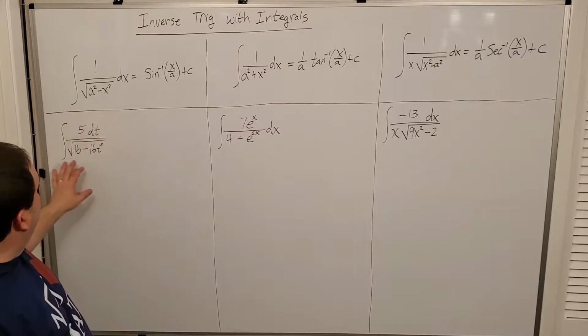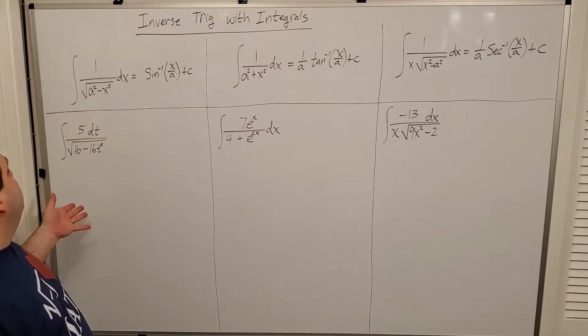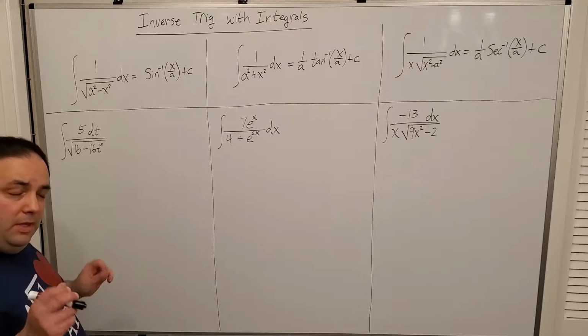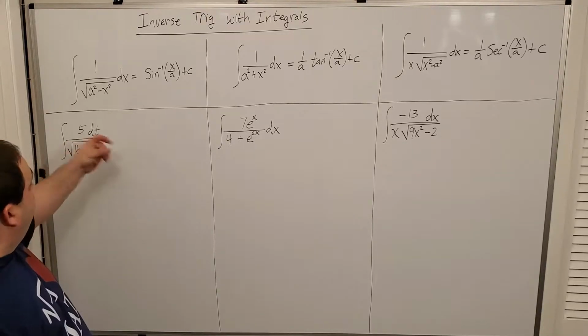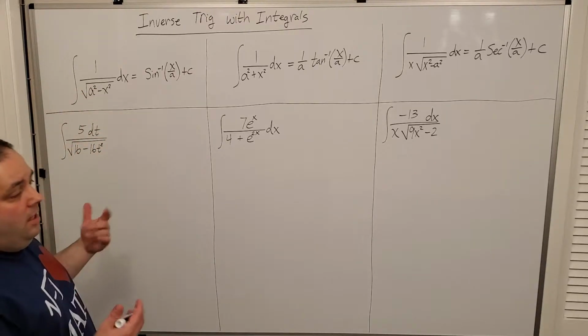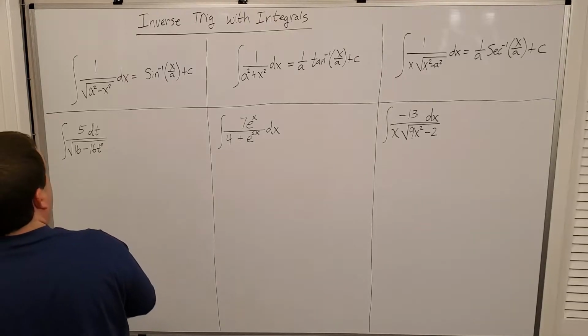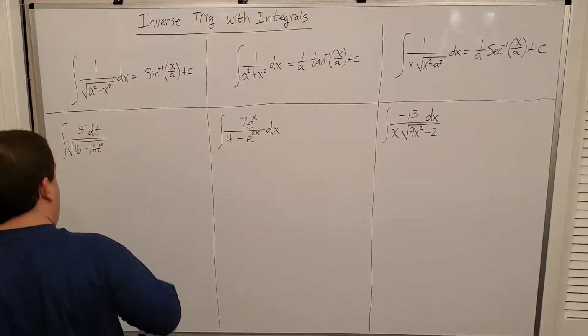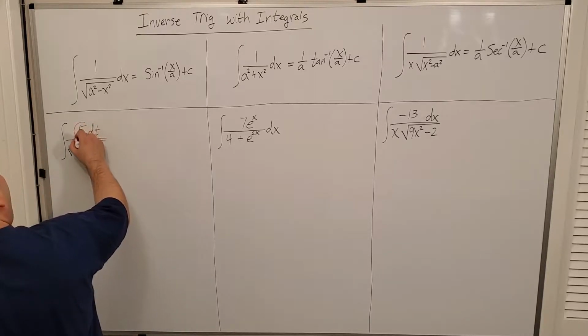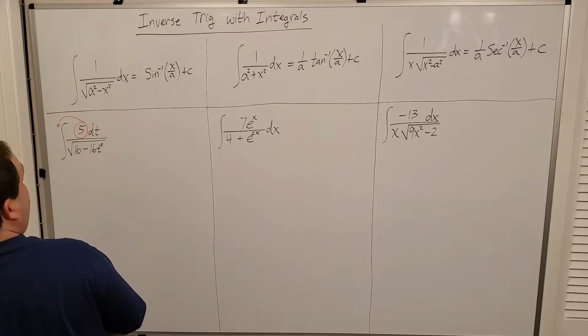For our first example here, I'm going to show you how sometimes the integral can just be manipulated slightly and then just be something that falls right into the pattern and can be integrated immediately. In this one, I can already see that I can bring the 5 out of the integral.